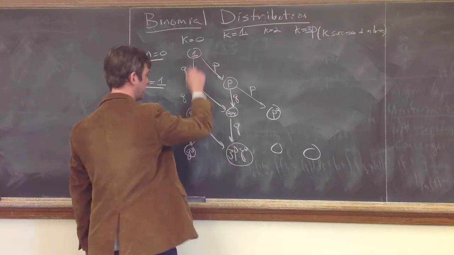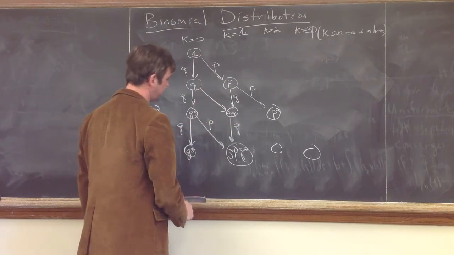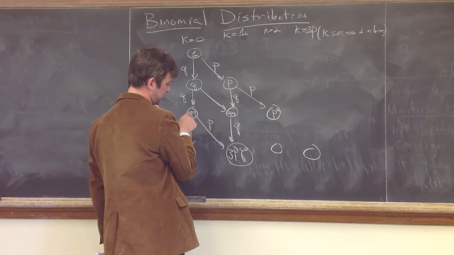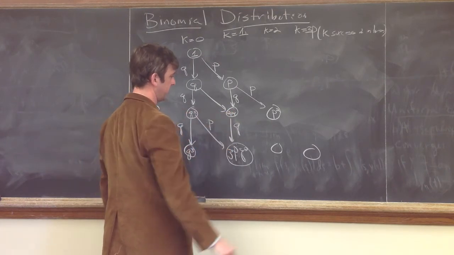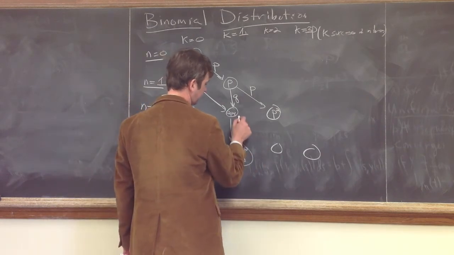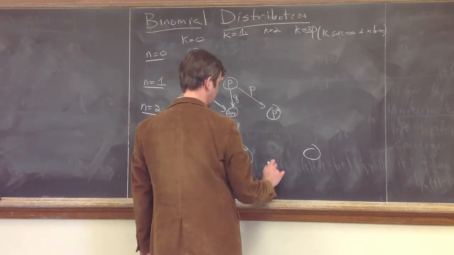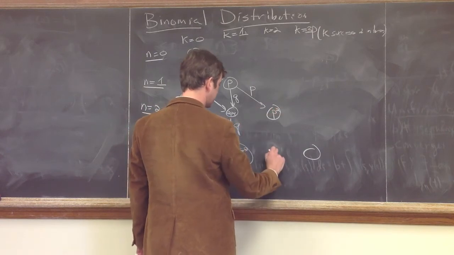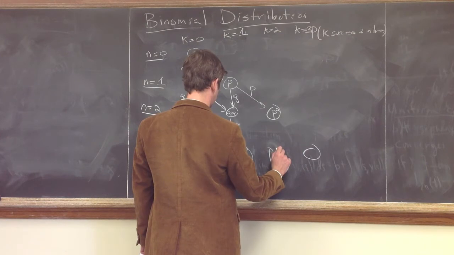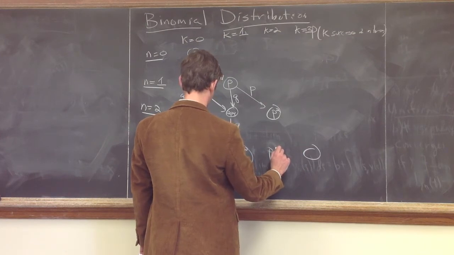There's this one, there's this one, there's this one. Alternatively, since this one already counted up the number of ways to get here, and this one counted up the number of ways to get here, we just add the coefficients in front, which gives us a 3. This is sometimes referred to as Pascal's triangle. So now, this one, we multiply the coefficients and we get p, is that right?